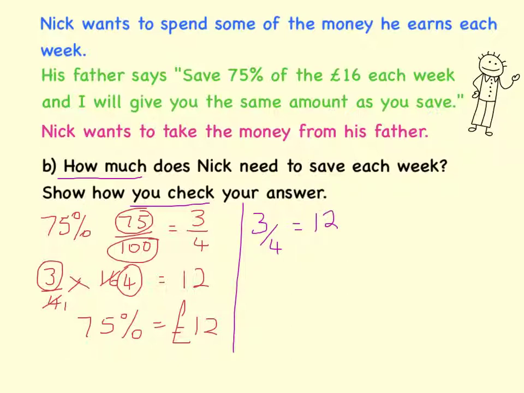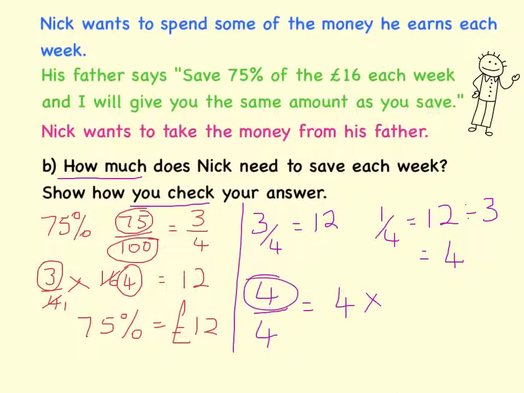If we find what 1/4 is, 1/4 of £12 equals 12 divided by 3, which equals 4. So if 1/4 is £4, then 4 quarters, or the whole, the £16, equals 4 times this 4 here, which equals 16. And that's how we check our answer.